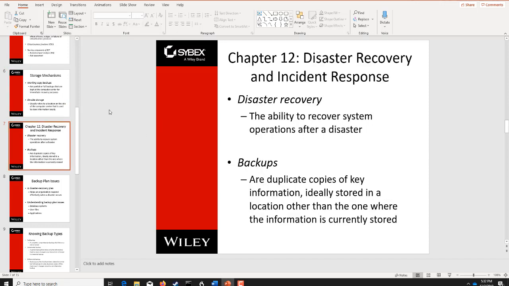So with disaster recovery, this is the ability to recover something, a switch, a firewall, server, hard drive, an XYZ from a potential disaster. And disaster recovery is usually looked upon on a system-by-system or event-by-event basis. The backups are duplicate copies of information that are ideally stored in a separate location.